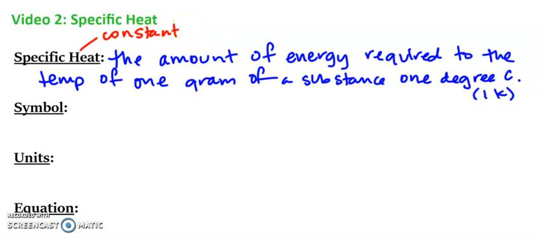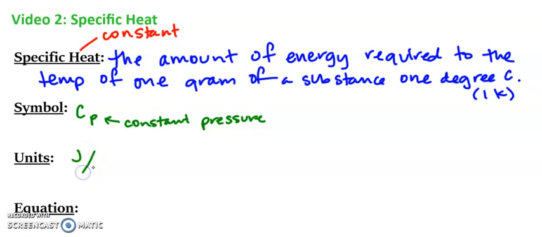All right, so the symbol when we come to our equation is Cp, and that P stands for constant pressure, and the C is for capacity. The units for specific heat are, because it's an amount of energy, so we're using joules for energy, and it's required to change.